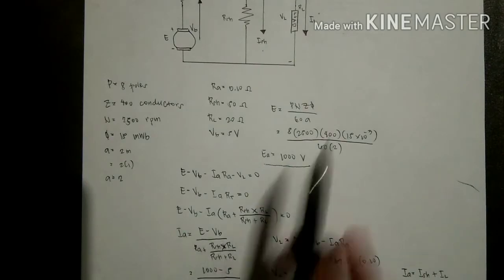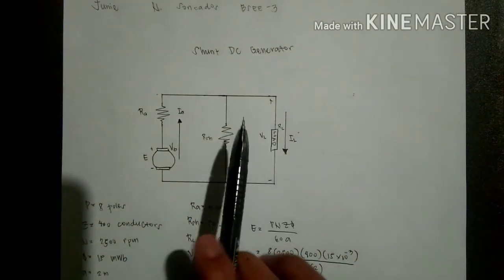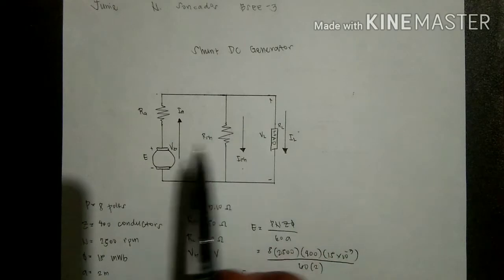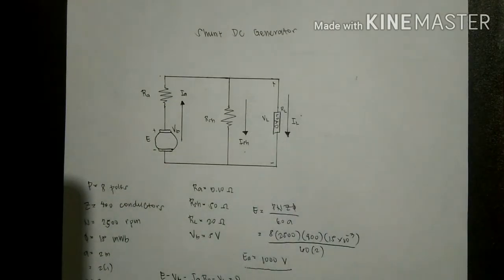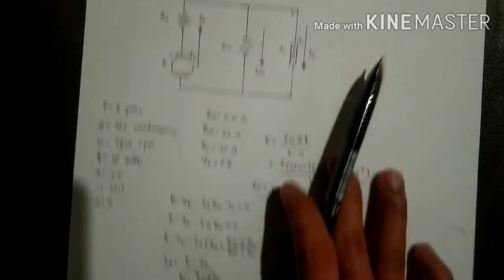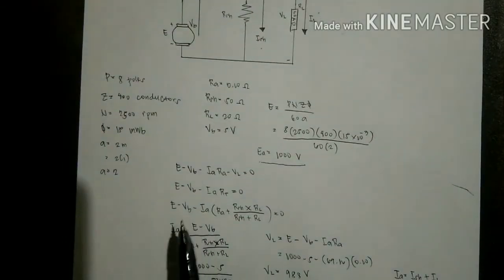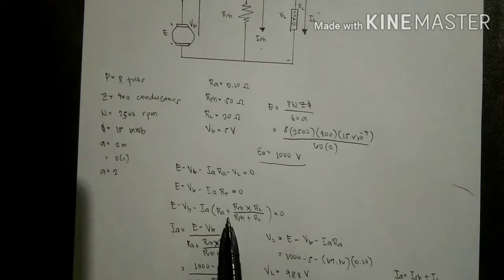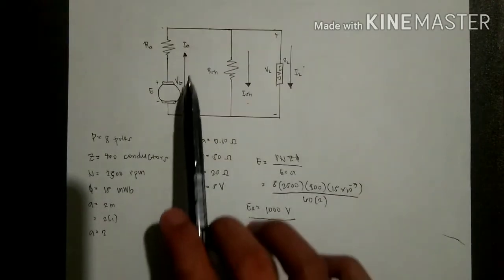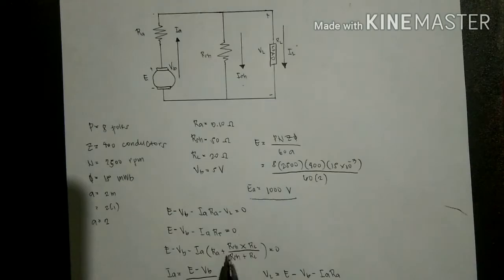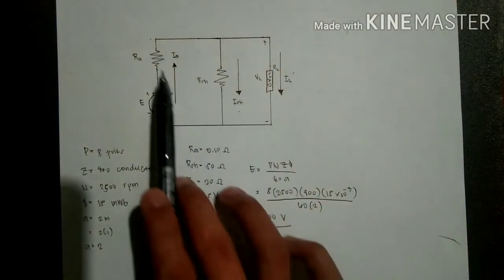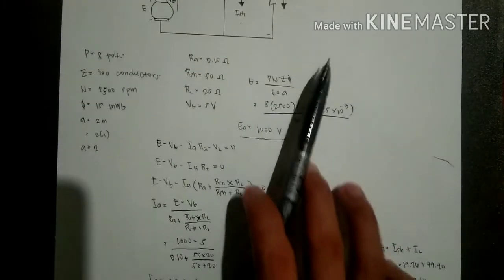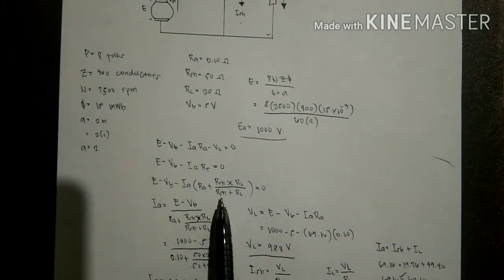We can calculate the total resistance by the series-parallel method, so I put RA plus the parallel combination, and that is why the equation looks like this.